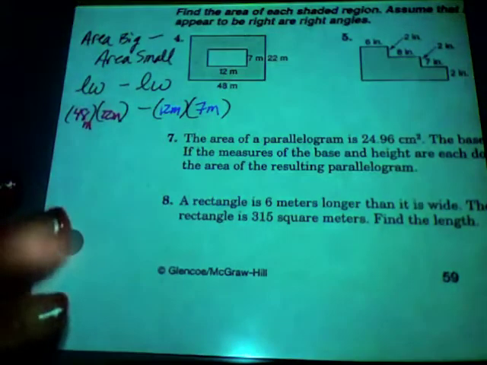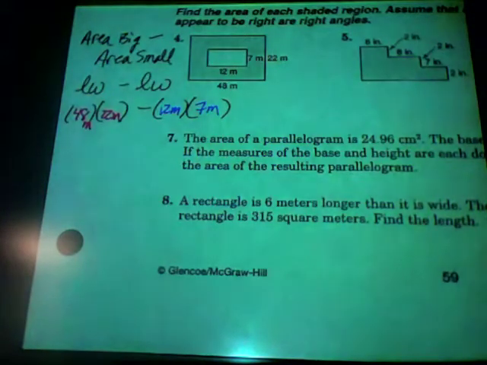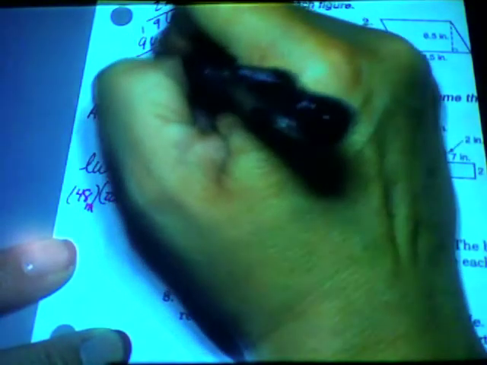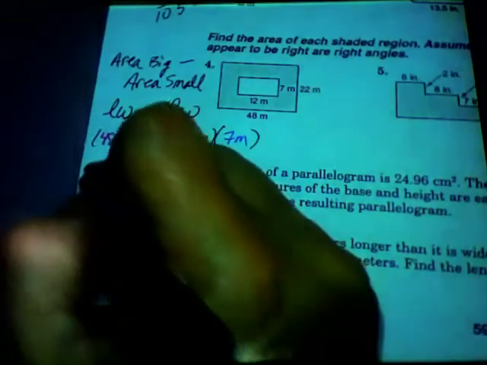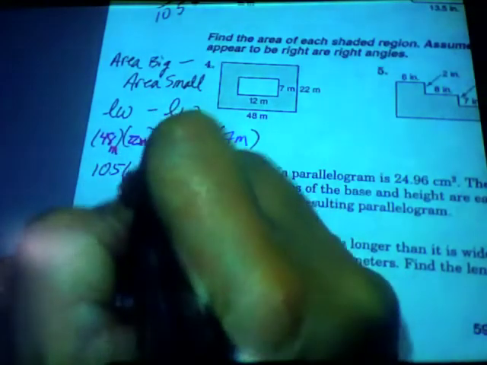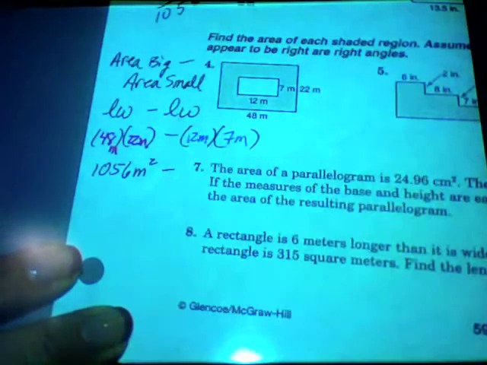So off to the side, you're going to calculate what is 48 times 22. And so we get 1056. 1056 meters squared minus, what's 7 times 12?